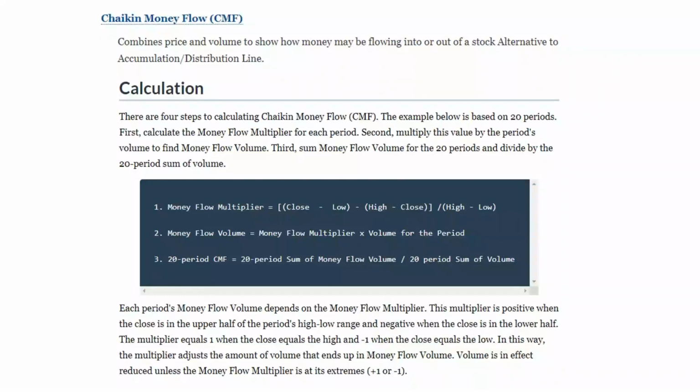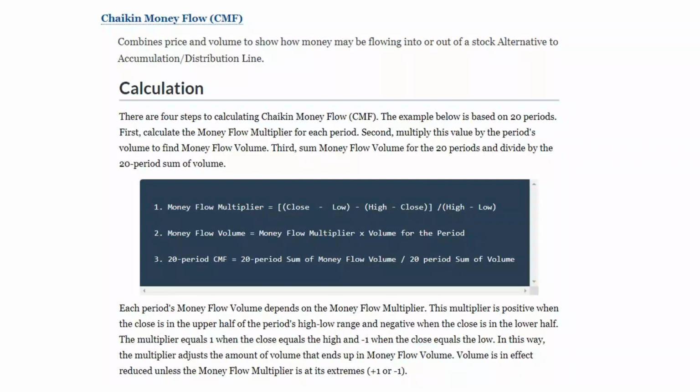Very quickly and simplistically, all it does is look at the last 20 periods, and at where on each of those bars the market closes. If it closes at the top of the bar, it gets a +1. If it closes at the bottom of the bar, it gets a -1.